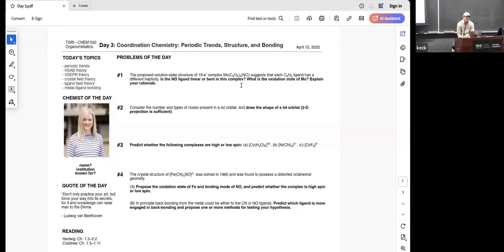I just gave you a strong hint. And then, what is the oxidation state based on your answer to the first question? Take a minute or two to think about that. And if you're bored, do the electron counting to make sure that it comes out to 18 electrons. Don't just take our word for it.